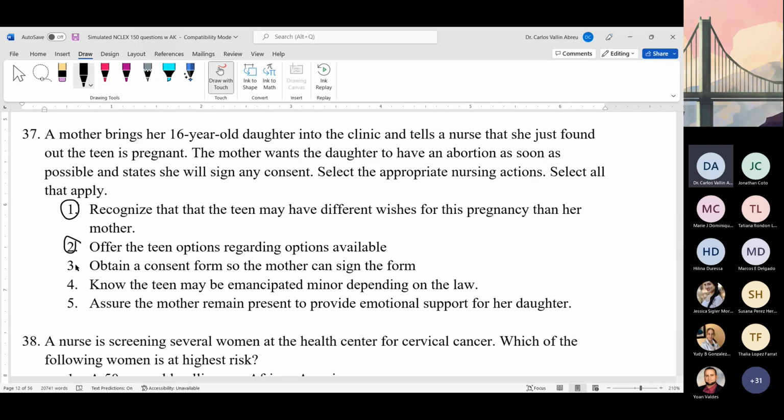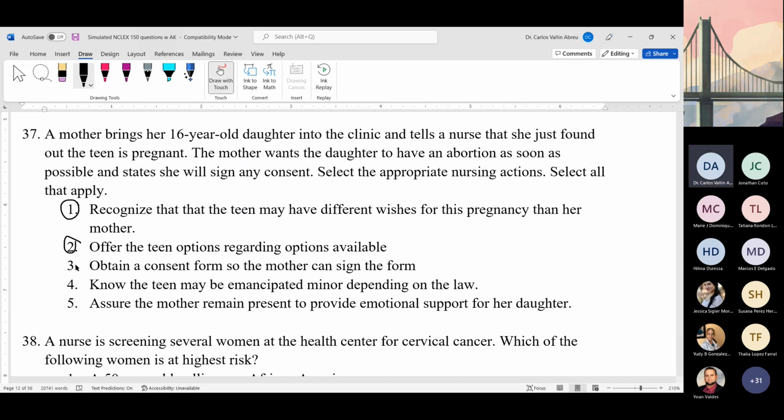Pregnancy doesn't emancipate. Pregnancy confers certain rights, but it is not an automatic cause of emancipation. So in all the states where abortion is legal, if it is a minor, the minor cannot go to an abortion without the consent of the parents.